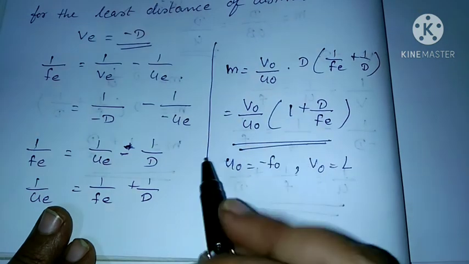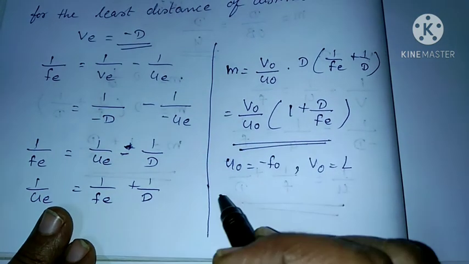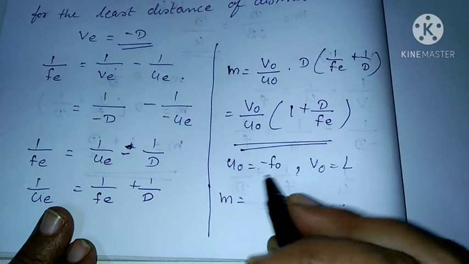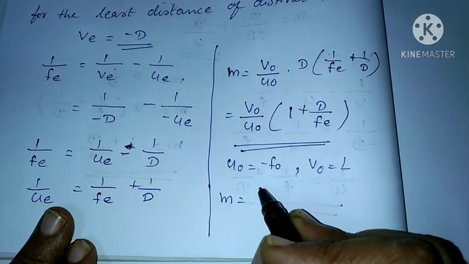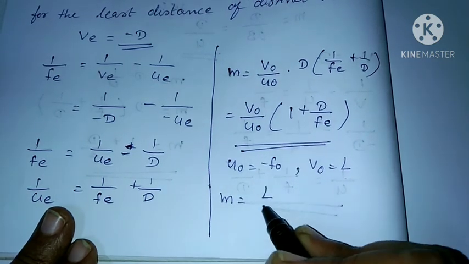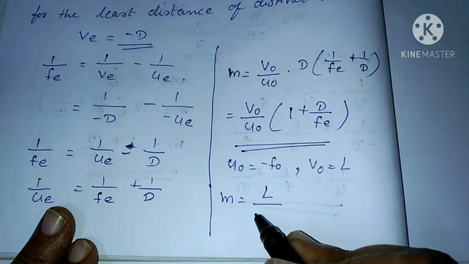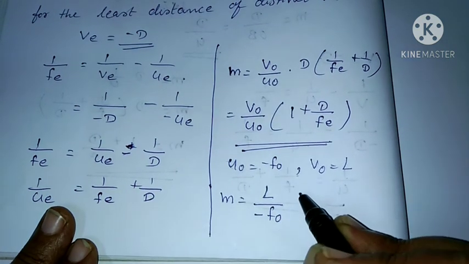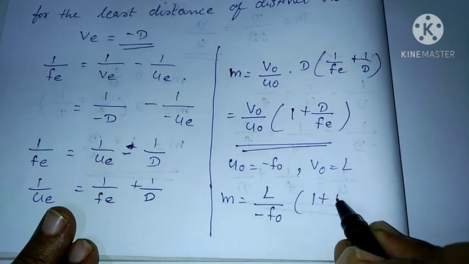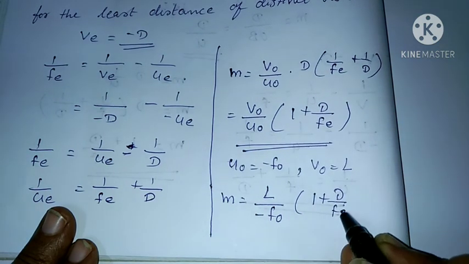So we can substitute in the magnification formula. M equal to V0 by U0. V0 is L, and U0 equal to minus F0, so M equal to L divided by minus F0 into 1 plus D by Fe. Clear?